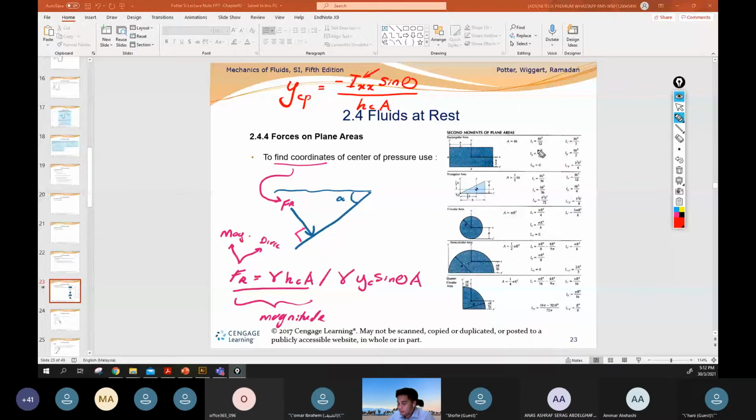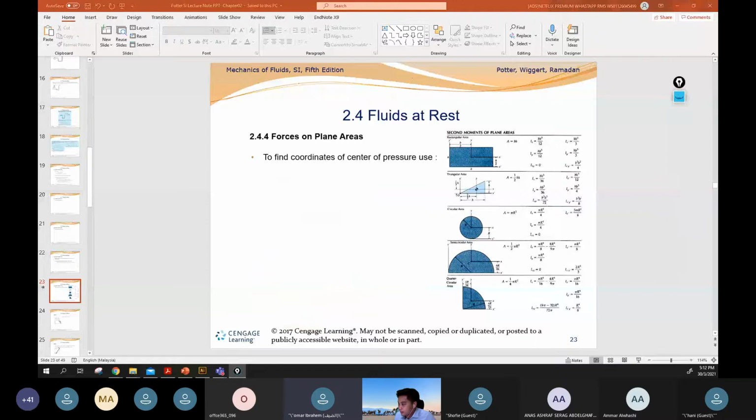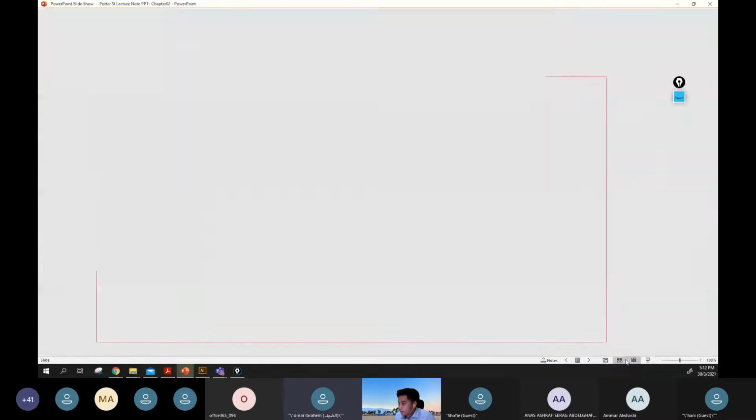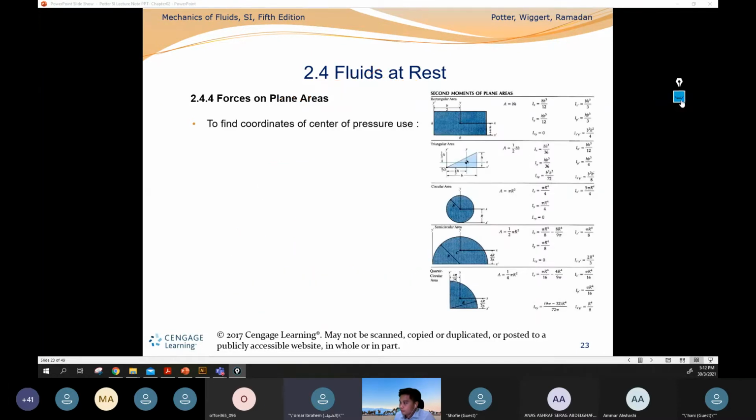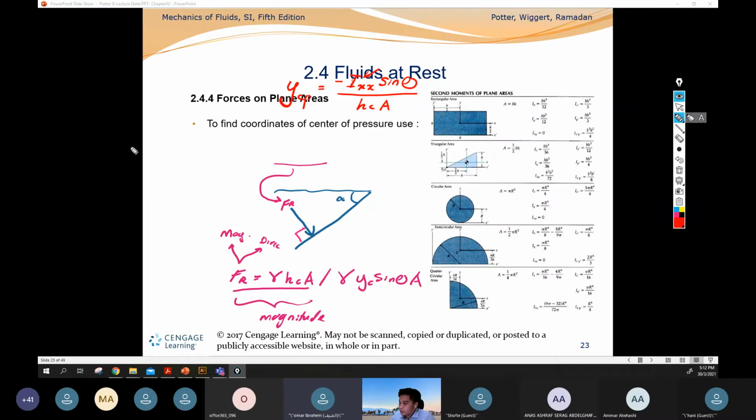For example, can you see Ixx refers to this one? All right, Ixx refers to the different shape.